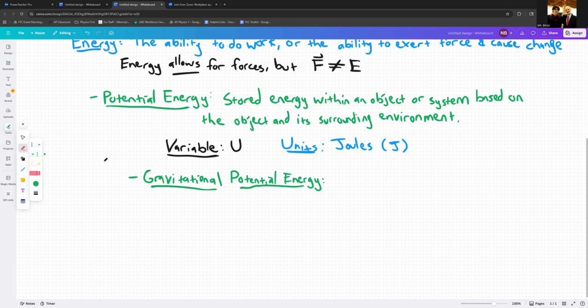So, gravitational potential energy is stored energy in a system based on an object's location relative, and with this, I'm going to specify also height.